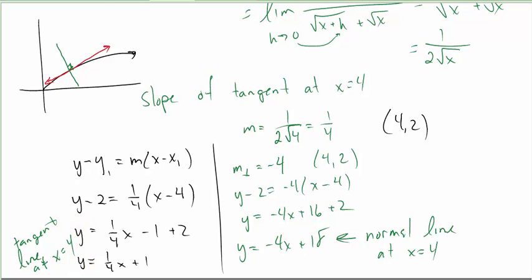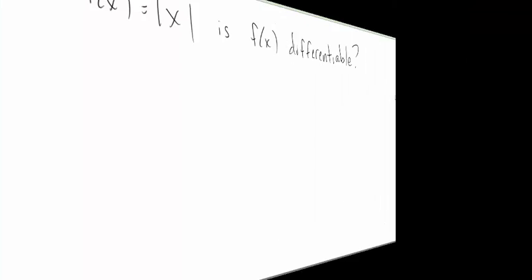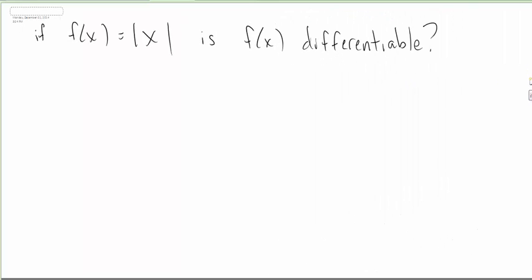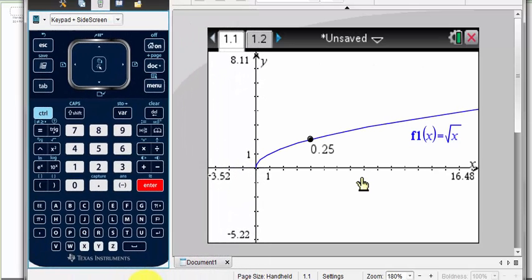Okay, last thing to talk about today is whether or not something is going to be differentiable. So we have the function f of x equals square root x. Is that always going to be differentiable? Well, I'm going to look at a graph. So I'm going to go with this square root graph, and I'm going to zoom in.